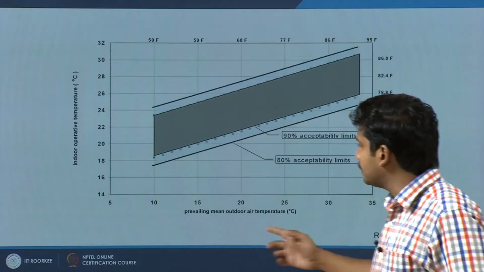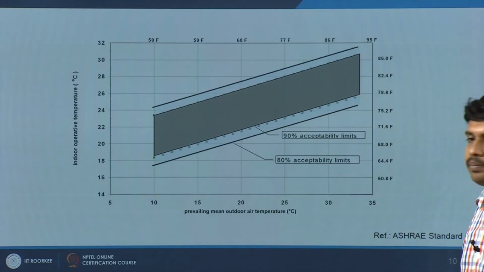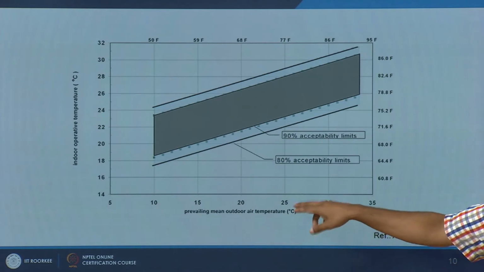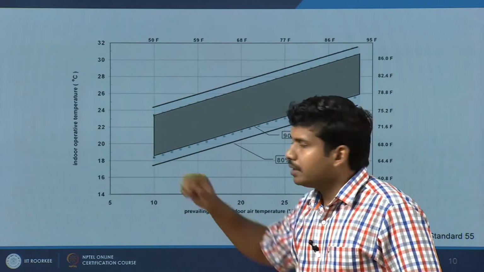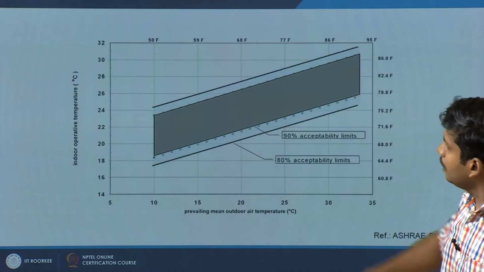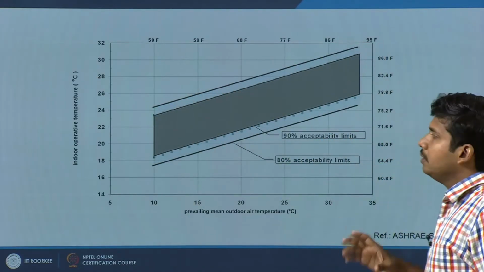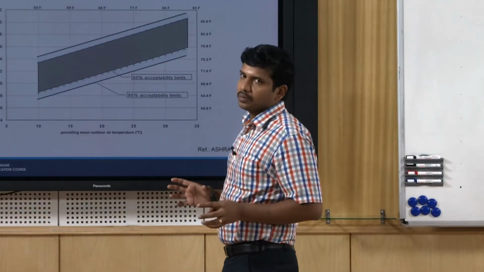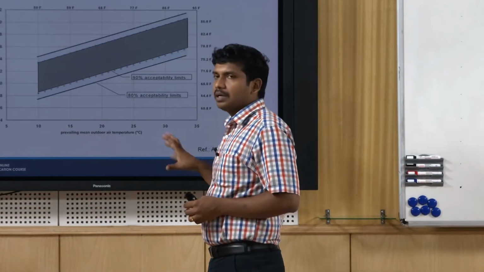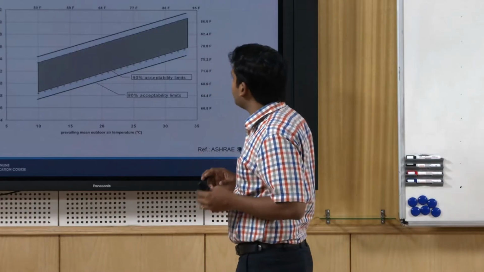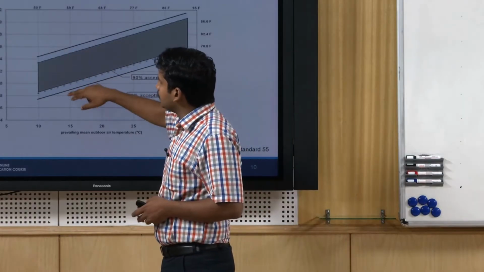What you have on the x axis is the mean outdoor air temperature, which could be a daily mean or a monthly mean. Here we have indoor operative temperature, and this particular band is said to be a comfort zone. I will give you the history of how this was developed, but before that you will see 4 lines here.